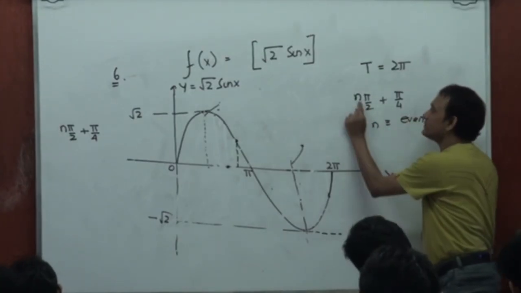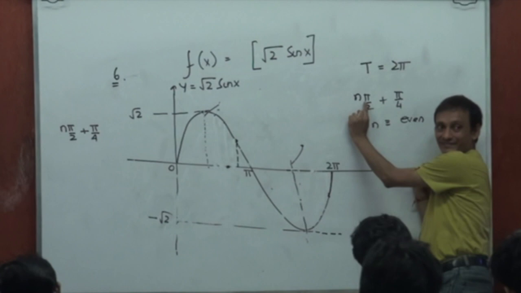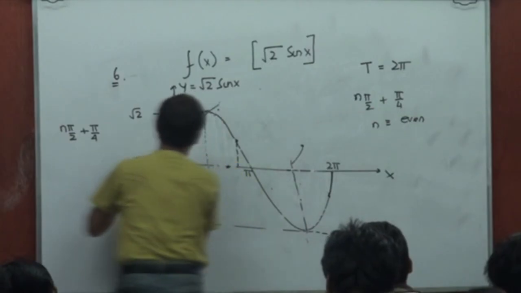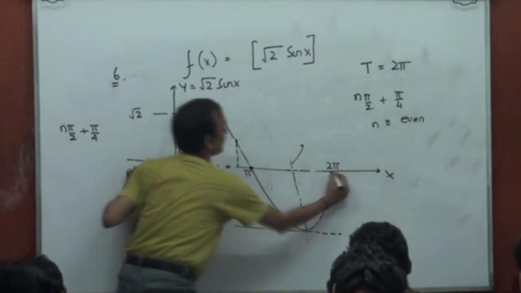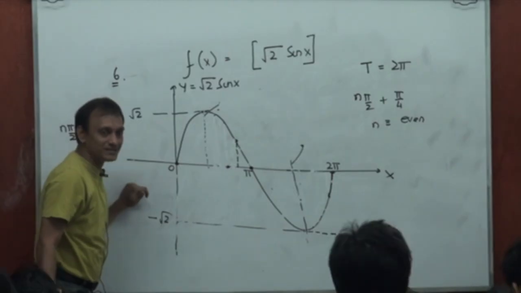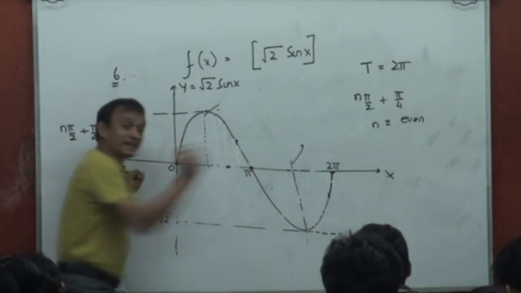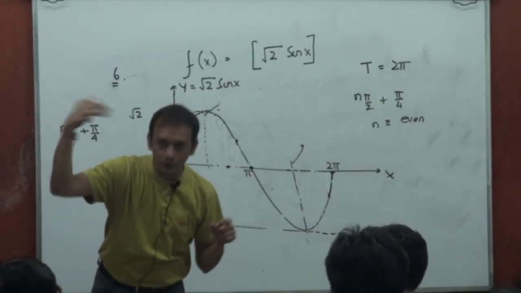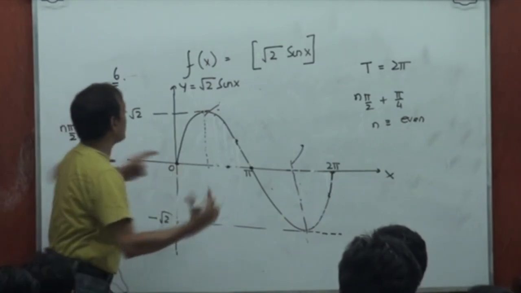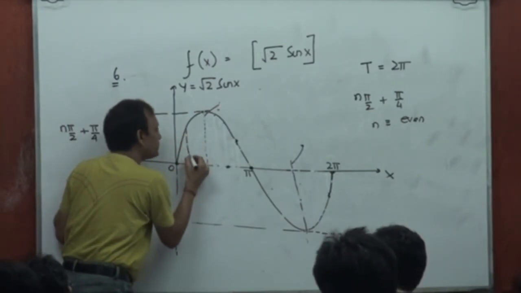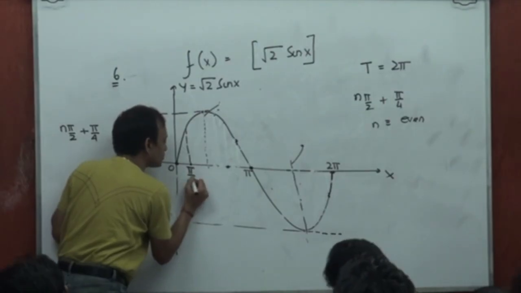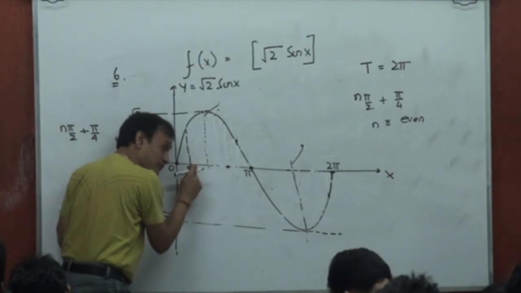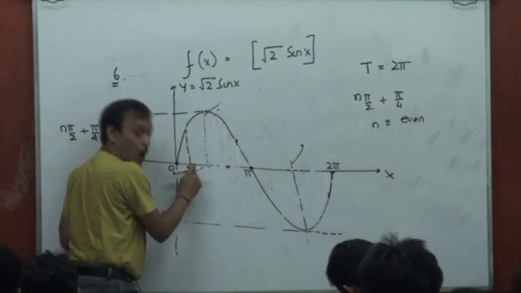When n is even, it will be an integral multiple of pi eventually. It will be an integral multiple of pi plus pi by 4. Integral multiples of pi are these values: 0, pi, 2 pi. And then plus pi by 4. So n pi by 2 plus pi by 4 would be this ordinate.